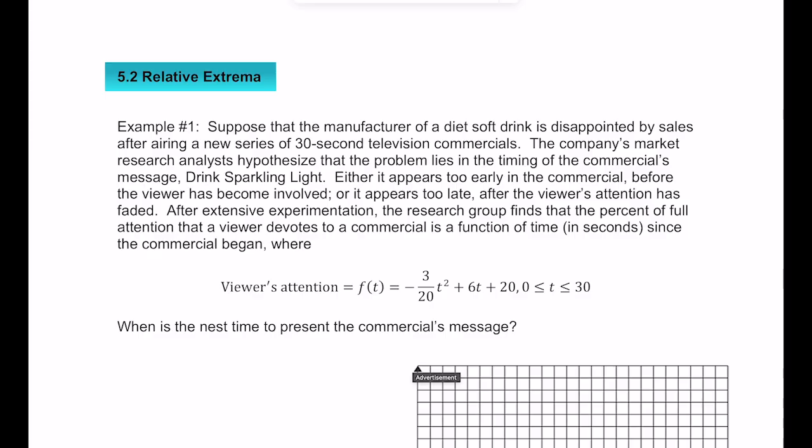After extensive experimentation, the research group finds that the percent of full attention that a viewer devotes to a commercial is a function of time since the commercial began, where the viewer's attention equals f of t, which equals -3/20 t squared plus 6t plus 20, when the time is between 0 and 30 seconds. So when is the best time to present the commercial's message?